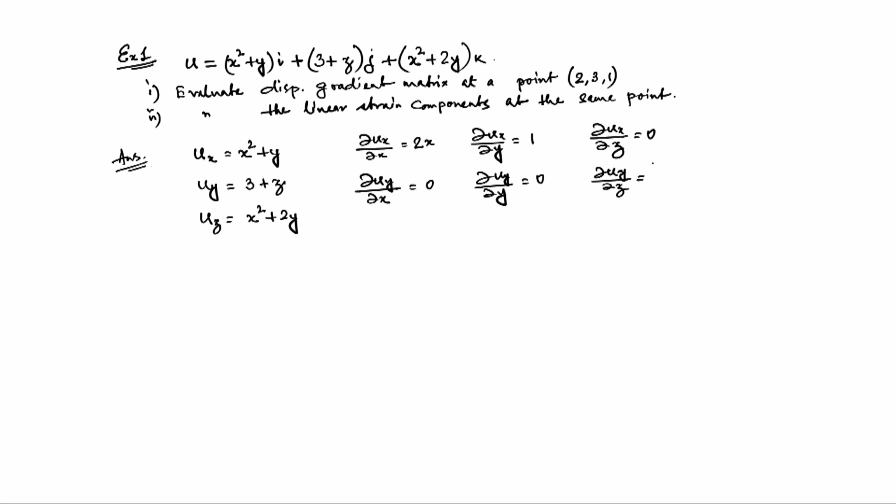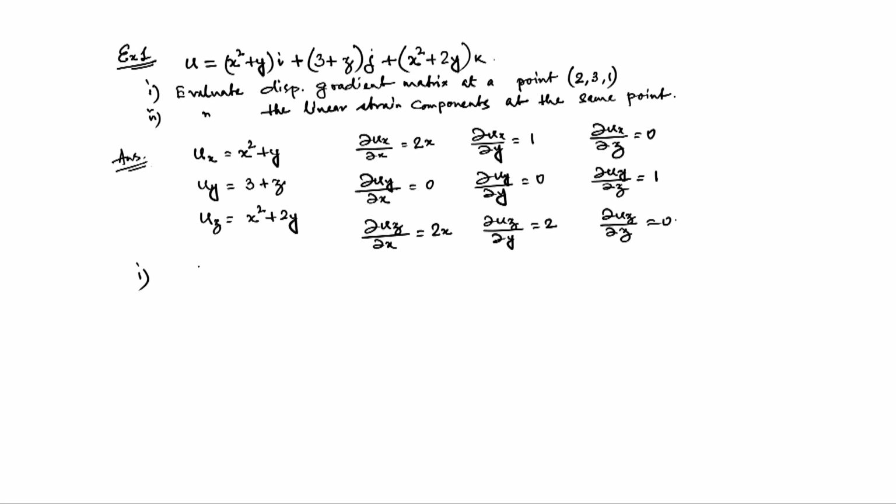Then u z with respect to x, that is twice x, u z with respect to y, which is 2, and the last quantity u z with respect to z, which is 0.